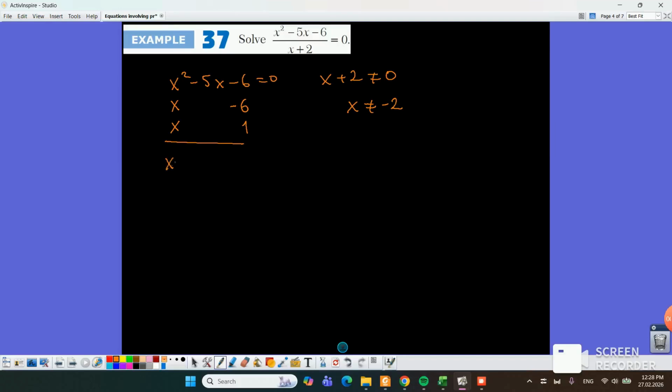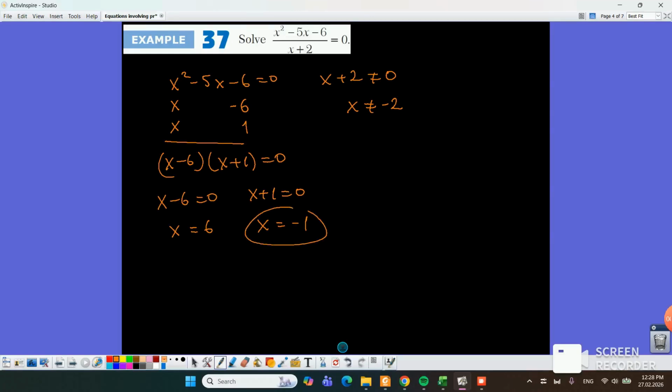So this one will become now x minus 6 and x plus 1 is equal to 0. From here I will have x minus 6 is equal to 0, and from here x plus 1 is equal to 0. So x is equal to 6 and x is equal to minus 1. I am checking if I have any common root with the denominator. I don't have, so both of them are my solution.